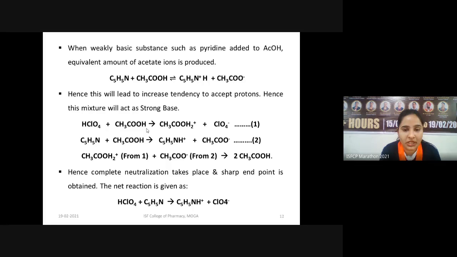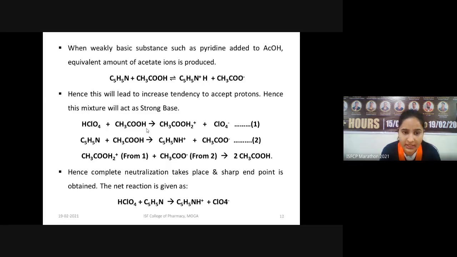So hence we get an acetate ion here. So these are the two equations. First of all, the first equation is the reaction of perchloric acid with acetic acid, and the second one is the reaction of pyridine with acetic acid.